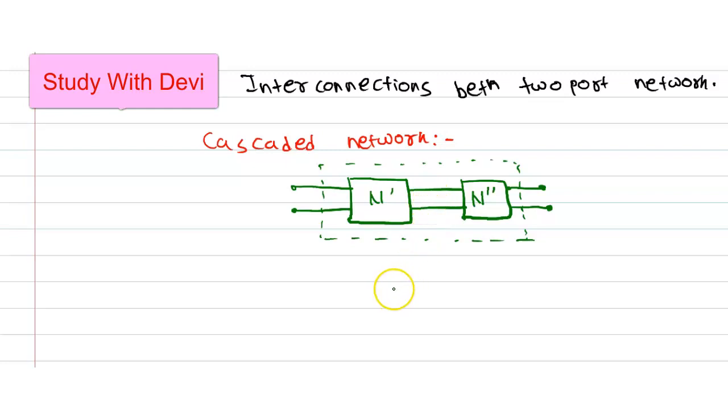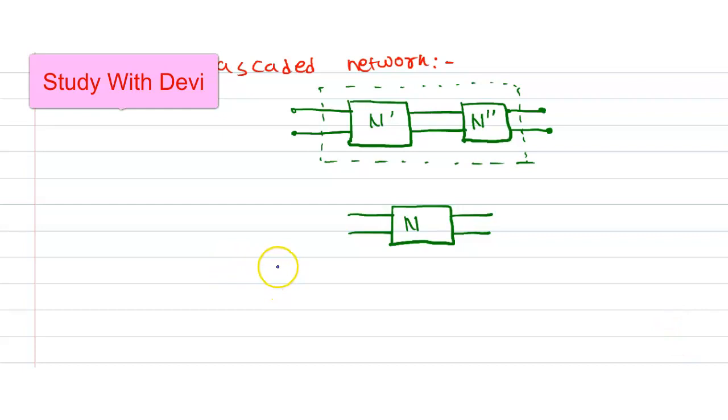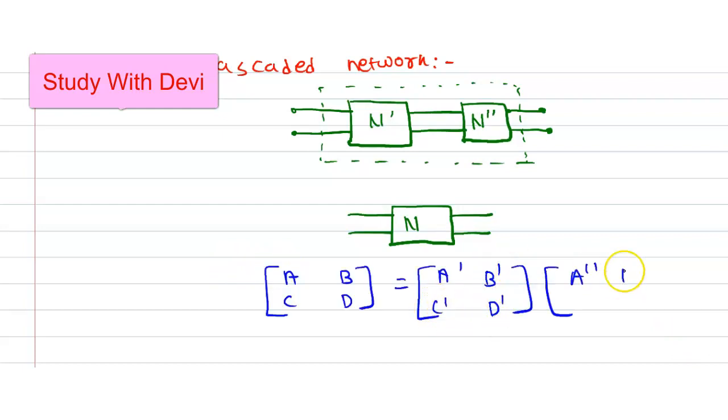The equivalent N: you can write ABCD equal to A dash, B dash, C dash, D dash, A double dash, B double dash, C double dash, D double dash. In cascade connection, the ABCD parameter of this network equals the ABCD parameter of this network multiplied with the ABCD parameter of this network. This is my cascade connection.